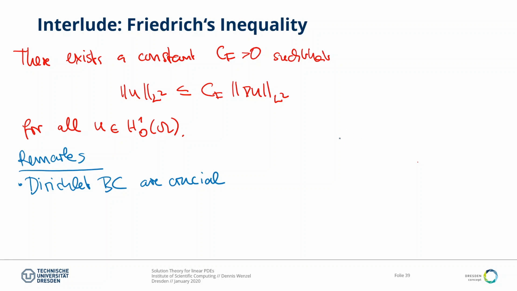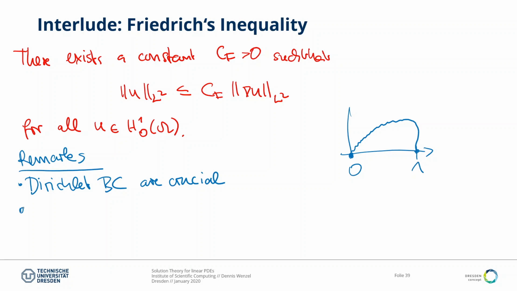If you imagine this in some simple one-dimensional setting, with an interval from 0 to 1, and I know how fast my function is increasing, and I also know that it's 0 here and 0 here, then I can compute how big the solution values can be. If I know that I'm starting at 0 here, then I know how strongly I'm increasing, but I also know that I'm going back to 0 here, so it can't infinitely rise.